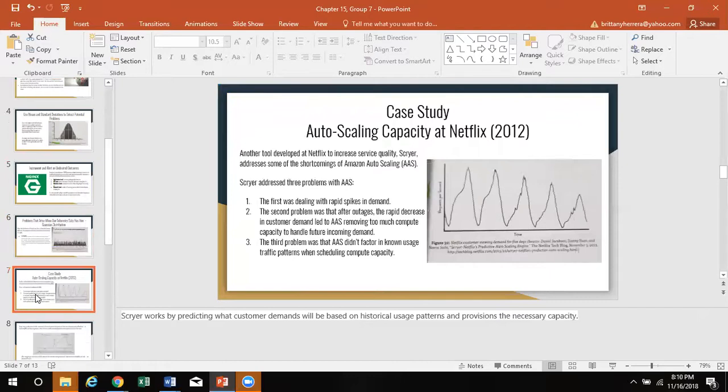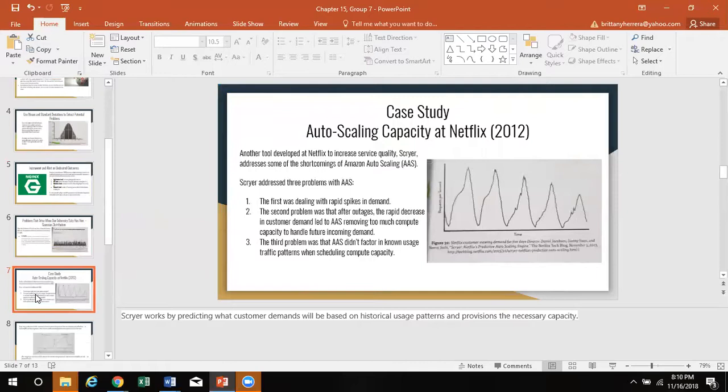Another case study was the auto-scaling capacity at Netflix in 2012. Scryer addressed some of the shortcomings. The first was dealing with rapid spikes in demand. The second was that after outages, the rapid decrease in customer demand led to removing too much capacity to handle future incoming demand.